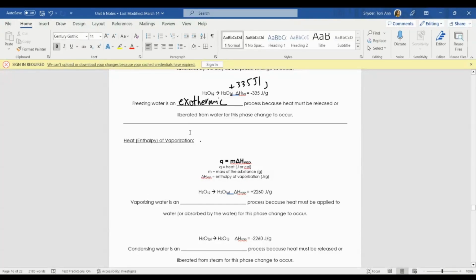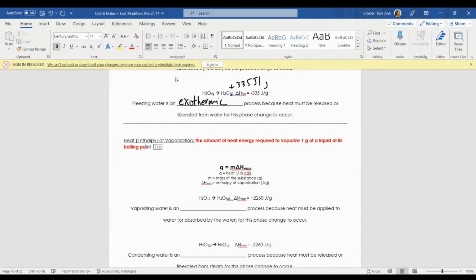The heat or enthalpy of vaporization is the amount of heat energy required to vaporize 1 gram of a liquid at its boiling point.